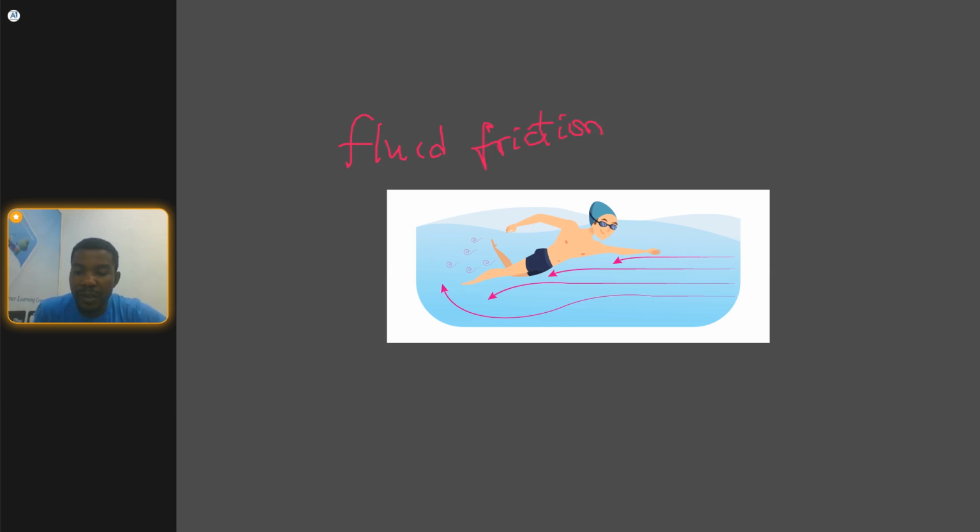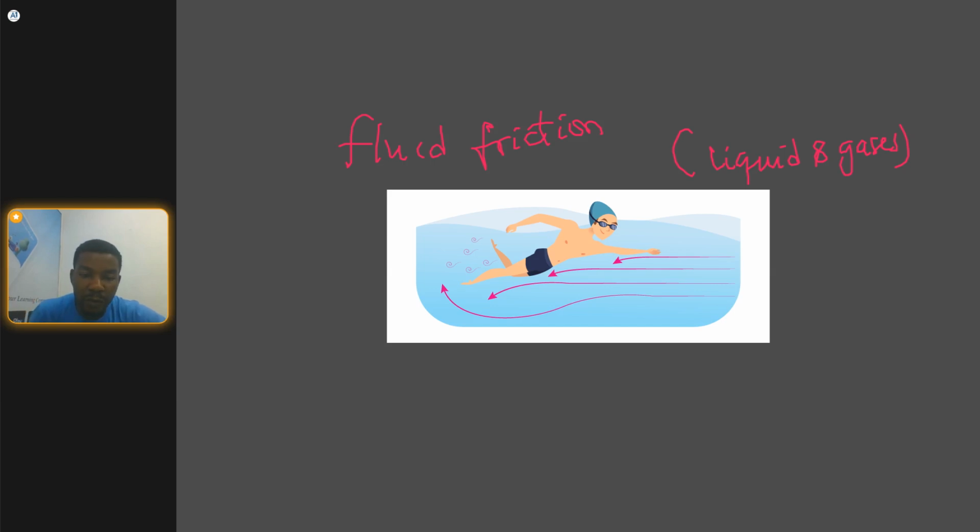The fluid friction is a type of friction that occurs in both liquid and gases. So for the frictions that occur in liquid, for example, someone that is swimming in the pool is also experiencing friction, and that friction is called the fluid friction.